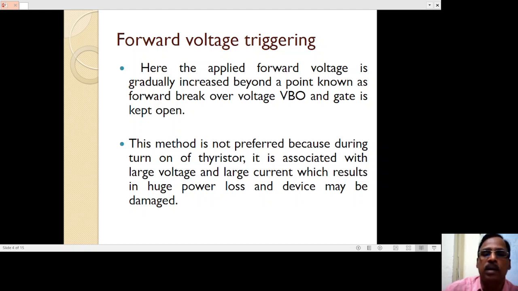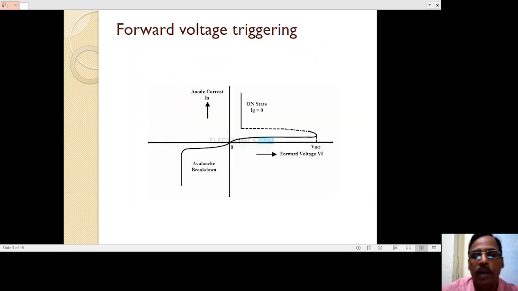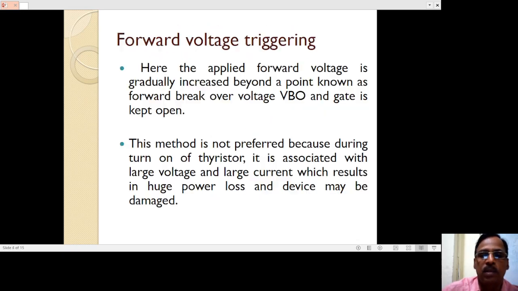Actually, we need around 400 volts to turn on the SCR in forward voltage triggering. Practically in our laboratory, we don't have this voltage. So due to these disadvantages, it is not preferred for turn on. And this large voltage causes large current and huge power loss.